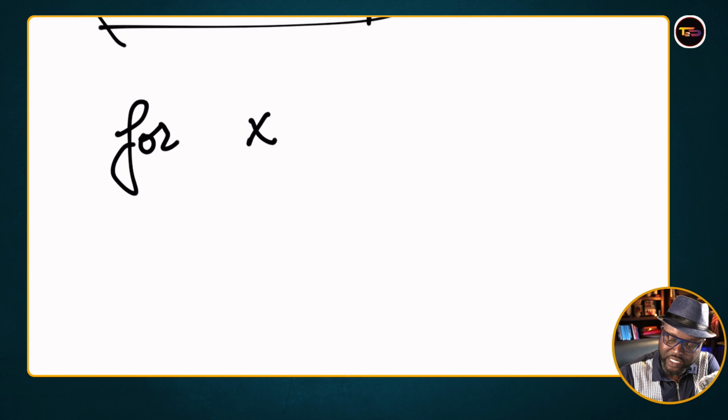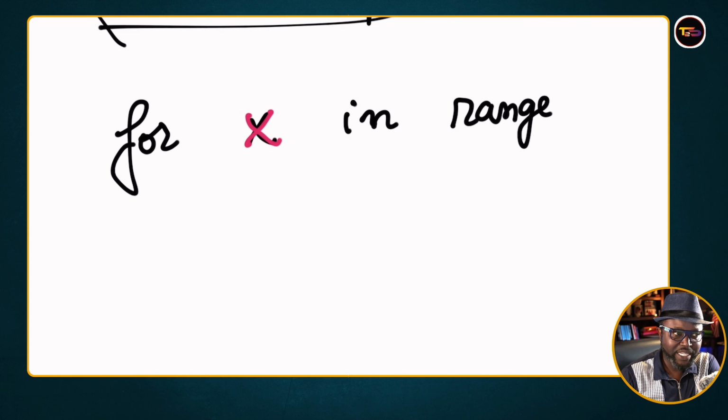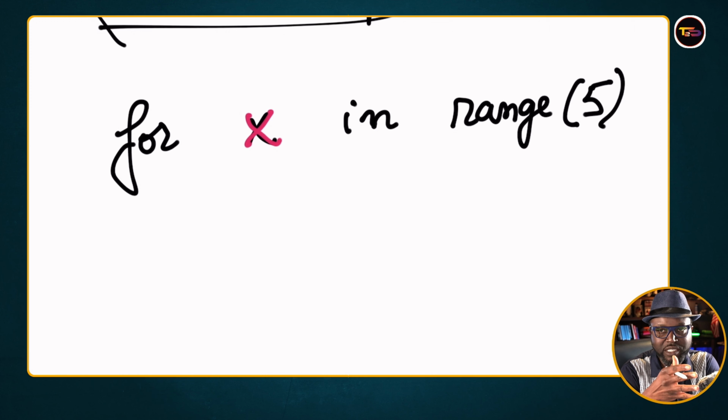Then you define a block: for x in range 5, meaning 0, 1, 2, 3, 4.